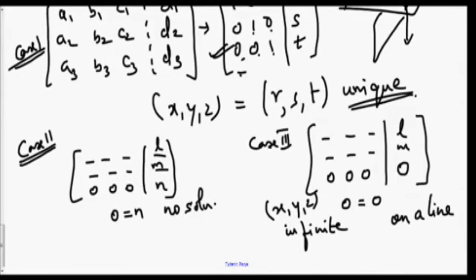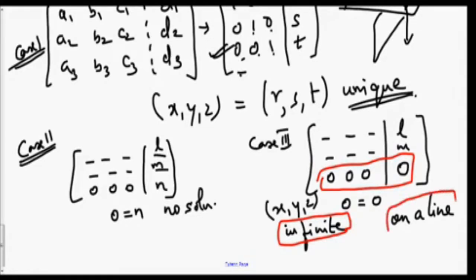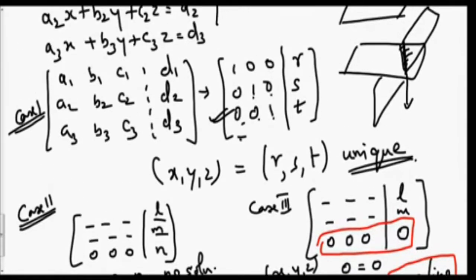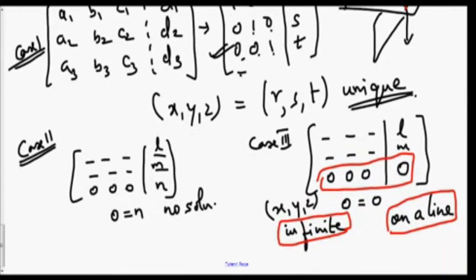When you have this format, 0 0 0 0, there are an infinite number of solutions. Please don't stop with that as an answer. You say that the planes intersect over a line, because when the planes meet on a line, you have many points, infinite points of intersection. And when you have this format, there is no solution, the planes are parallel. You cannot have a solution on this.